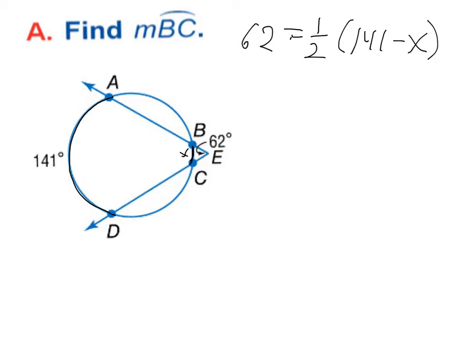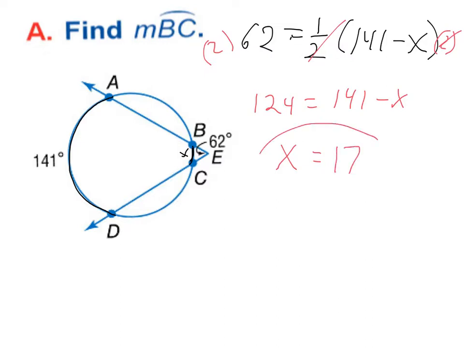Get rid of the fraction by multiplying by 2. Cancels the 1/2, and 62 times 2 is 124. Solve for x, you end up getting x equals 17. That's the measure of arc BC.